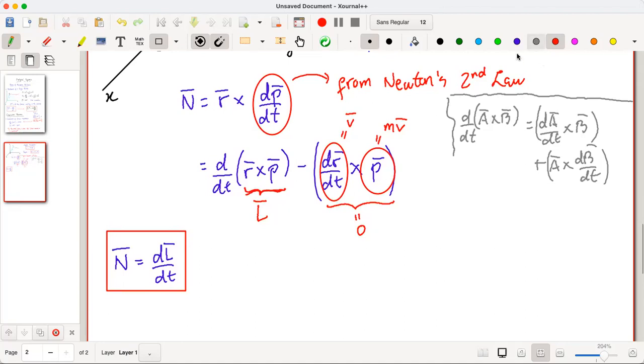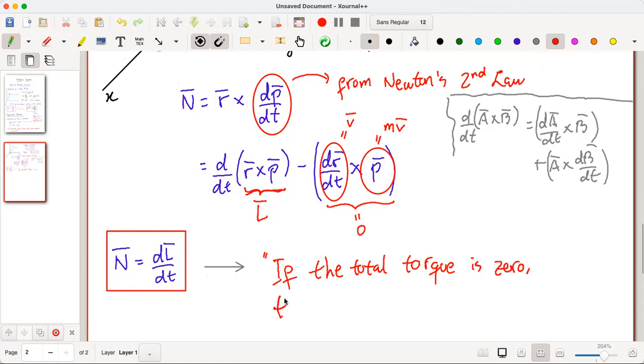If the left-hand side is 0, if the total torque is 0, in other words there are no torques, or there are torques but they cancel each other, then the angular momentum is conserved.